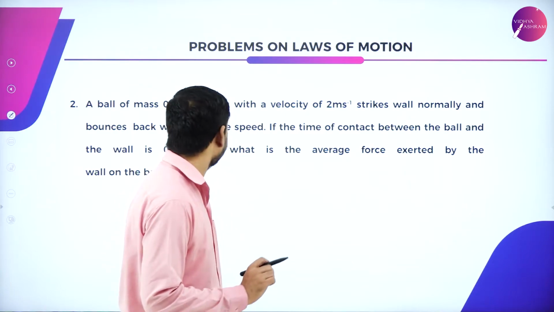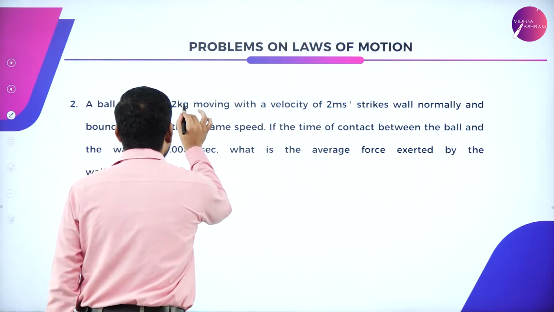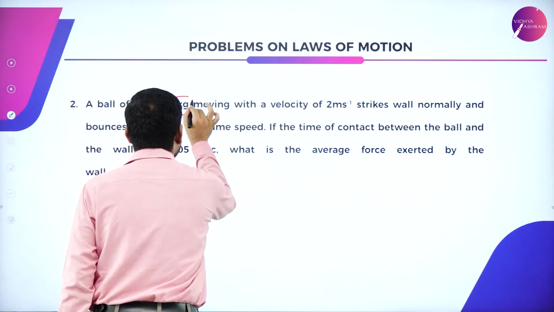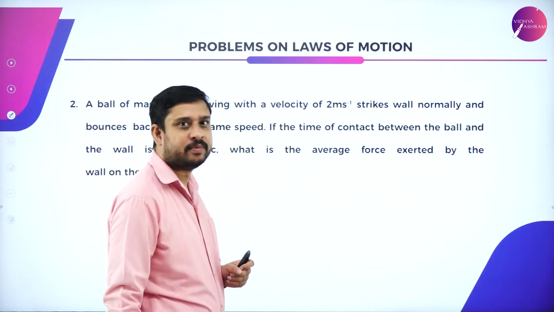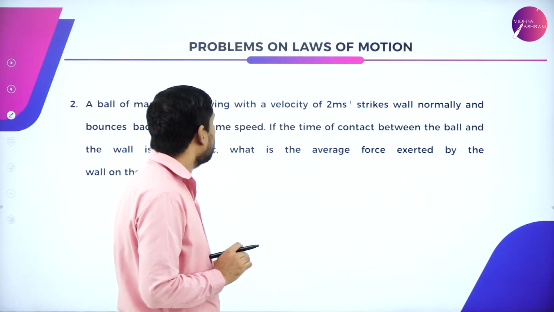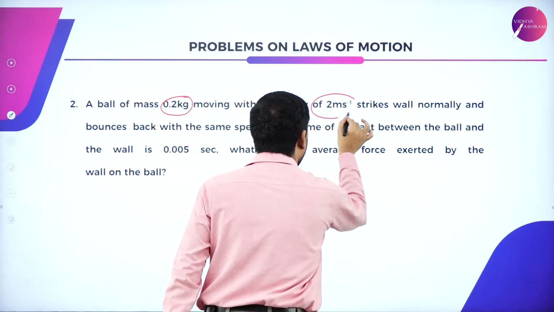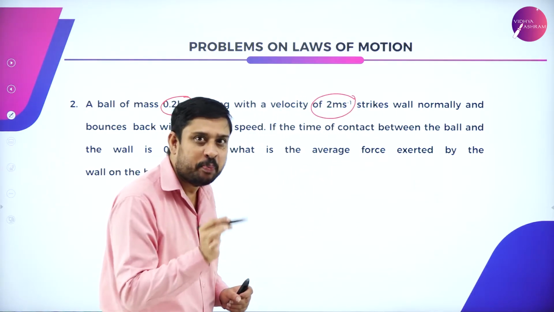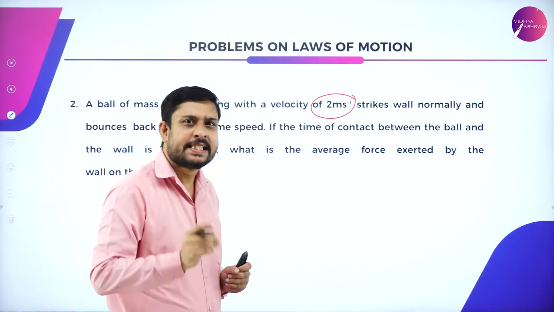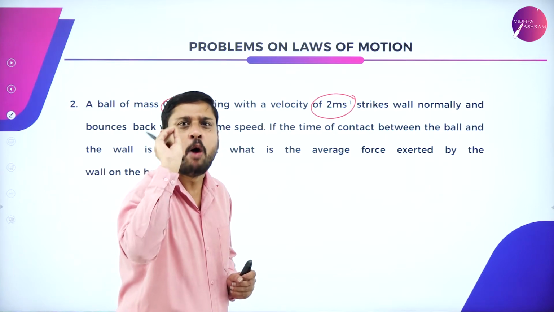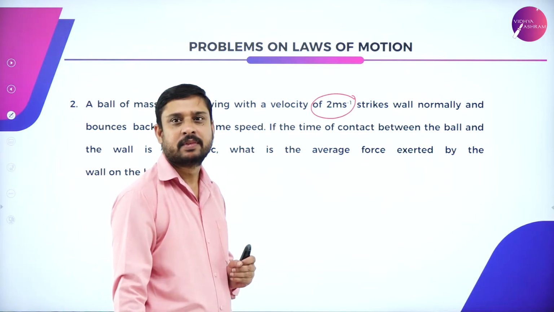interesting one. A ball of mass 0.2 kg moving with a velocity of 2 meters per second strikes a wall normally.